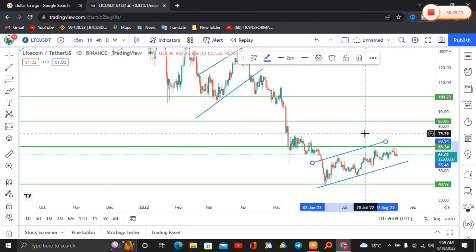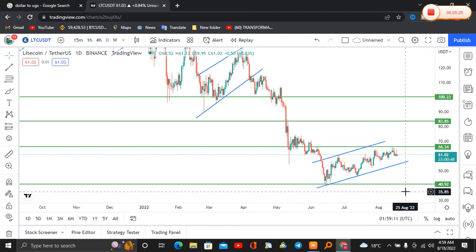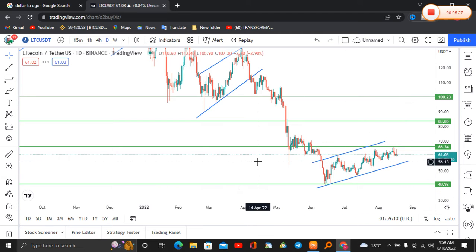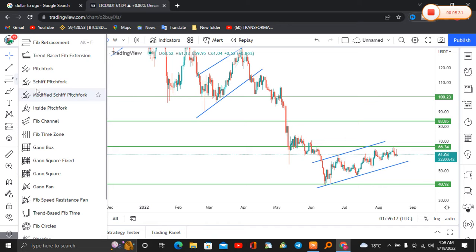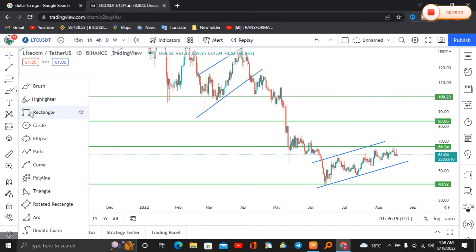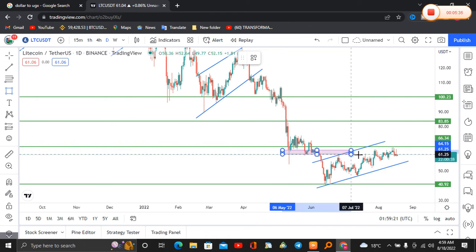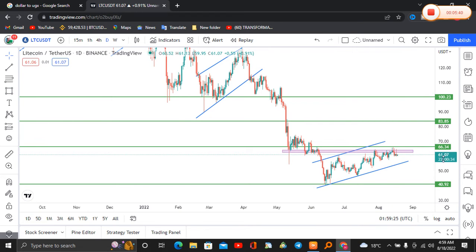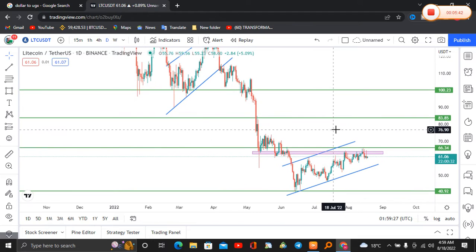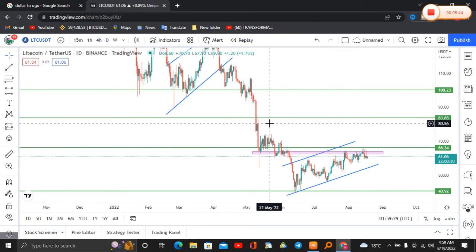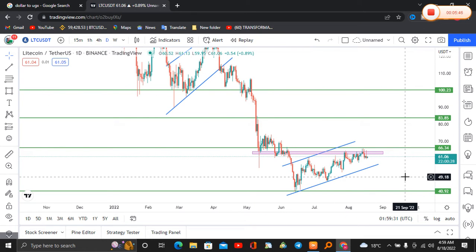For our trend line to be accurate, we must consider two to three touches for our trend line to be considered. I can see we also have a little bit of a resistance level. I don't know whether you can see it as well. So this is our resistance level. Now at the moment, Litecoin also has a bearish flag.